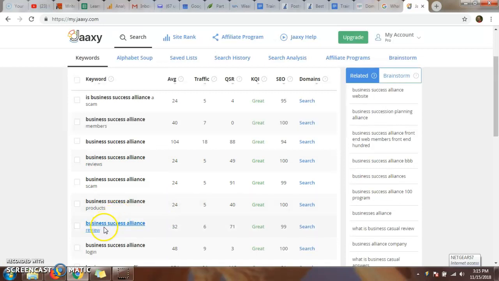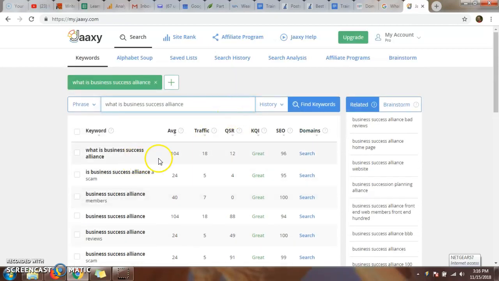The keyword phrase also has to make sense. Business Success Alliance review only has 32 monthly searches, so that's not much traffic, and it's got a lot of competing websites against it. It's got a great SEO score, but because of the monthly searches and the competition, "what is Business Success Alliance" is a better keyword phrase.